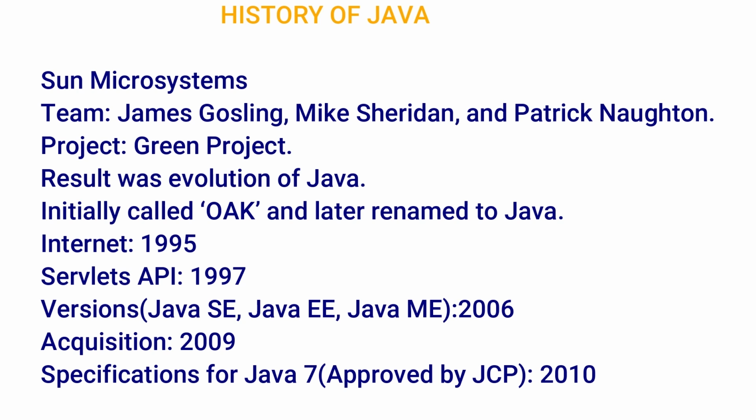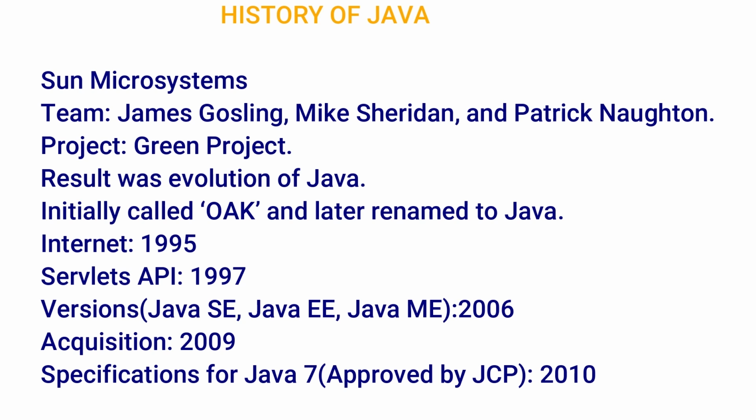But this resulted in the evolution of Java. That was in 1991, and that project was first called Oak and later renamed Java.